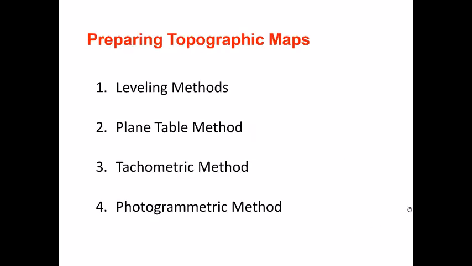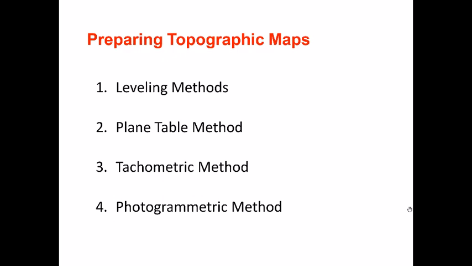So now that we have understood what contour maps represent and what information you can gather out of them, what the properties of the contour lines are and everything, now it's time to see how you can prepare these contour maps or topographic maps. So we have a number of ways. Basically, the information at the end that we require is both horizontal control and vertical control. Because this is a map that shows elevation differences, and that means you need to find out reduced levels.